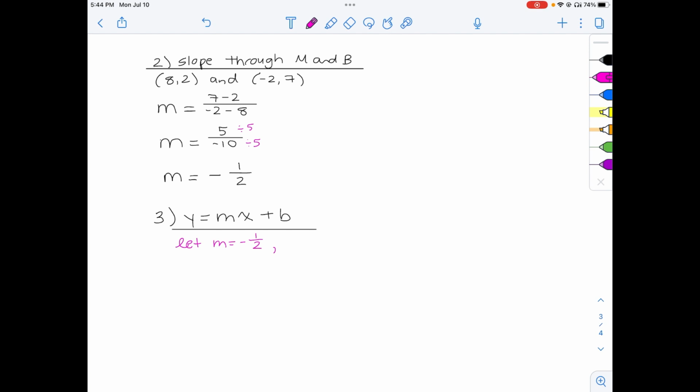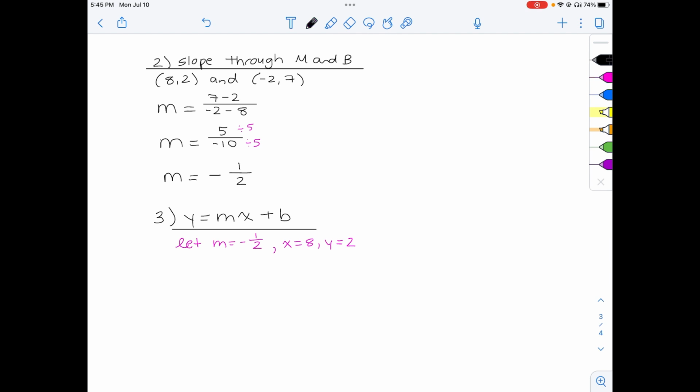I'll just use the point 8, 2, so x is 8, y is 2. It doesn't matter which one you pick. They both would give you a nice answer. I typically try to pick the one that's not as messy if there's a fraction slope, but they both will calculate it out.